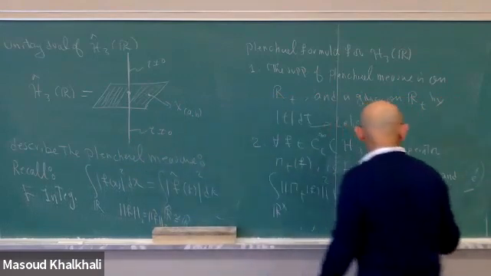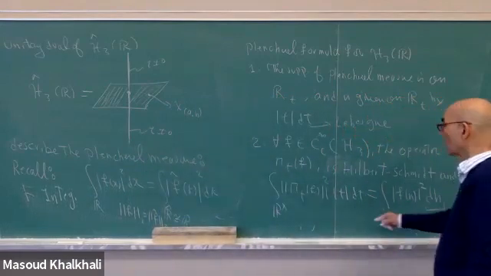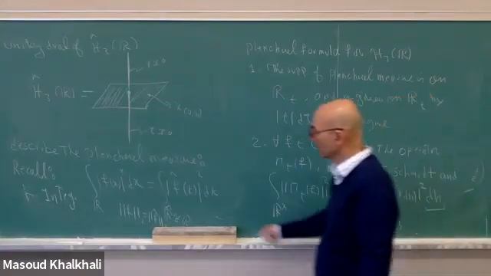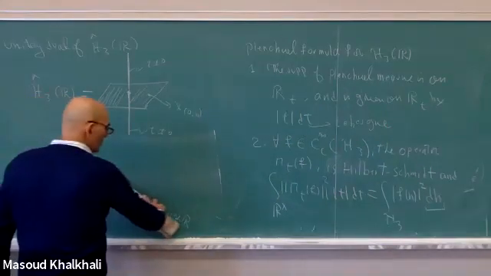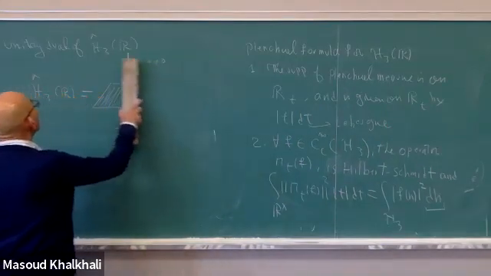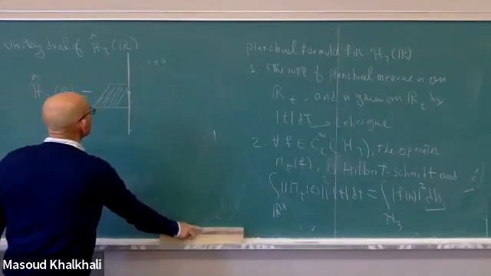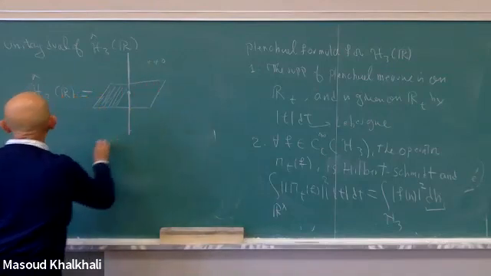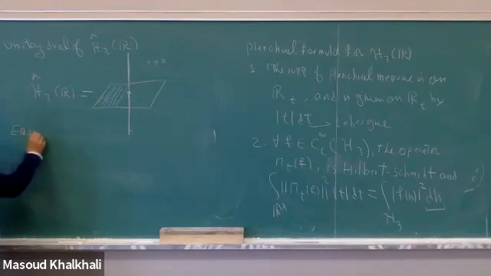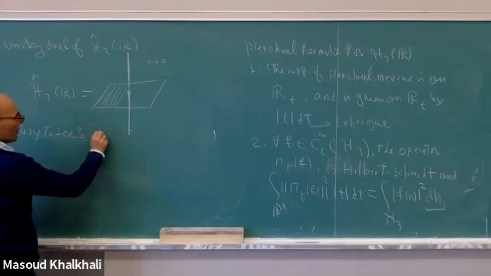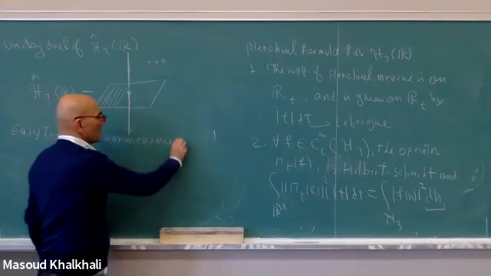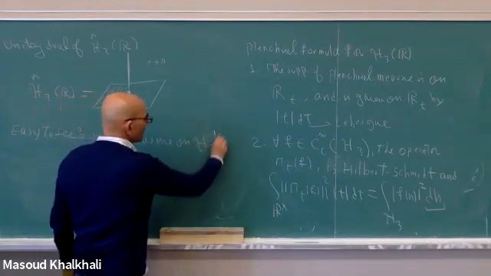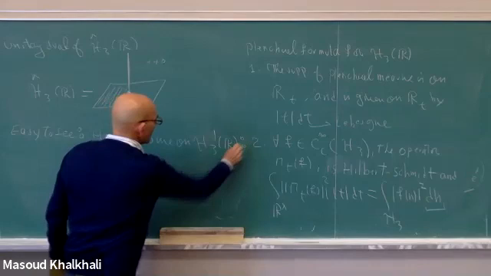First of all, what is this dh? dh is the Haar measure on this Heisenberg group, which is not difficult to see. So it's easy to see that our measure on H3, on this Heisenberg group, is given by this.